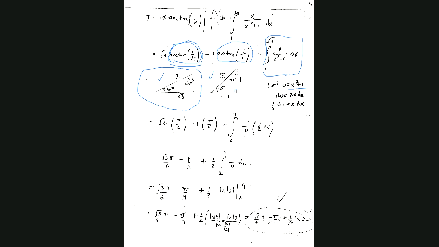Okay. So whenever I encounter these arctangent problems, I like to sketch one of my special right triangles. It just helps me feel comfortable. Now the arctangent of 1 over 1, which is the arctangent of 1: the tangent of what angle equals 1?